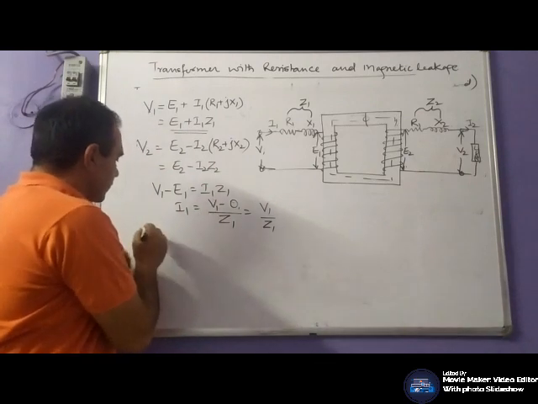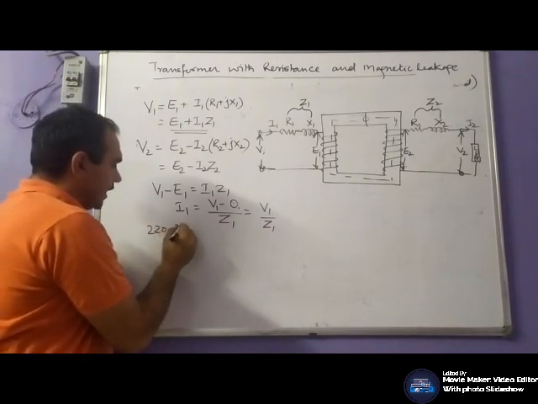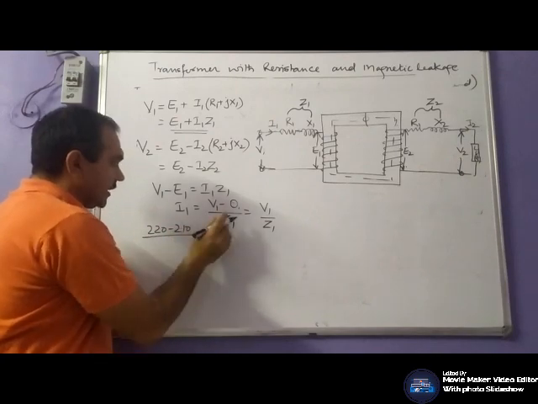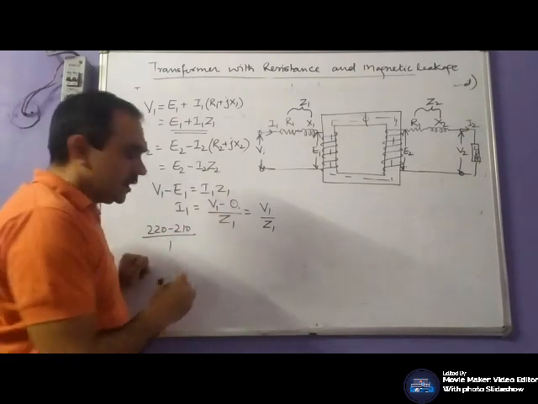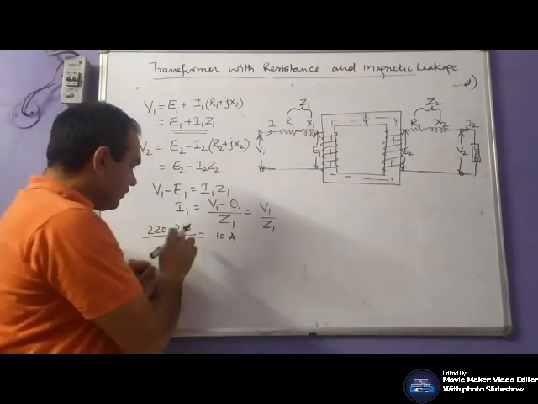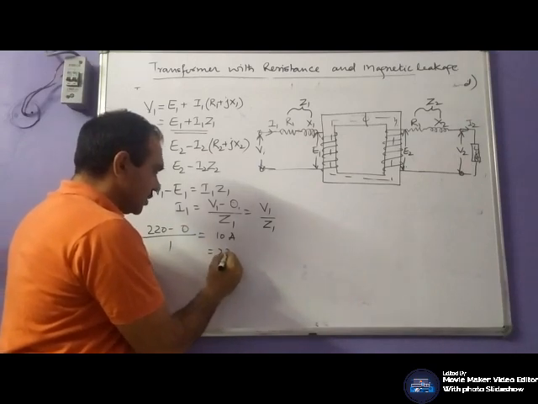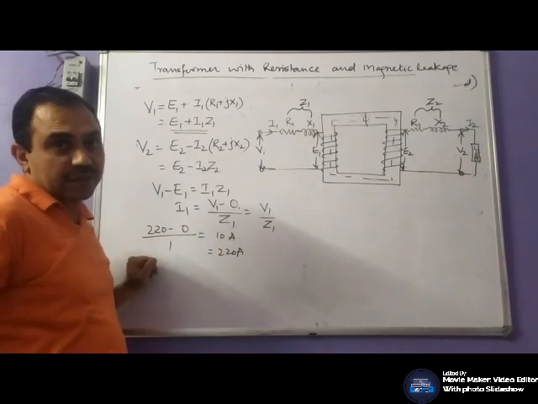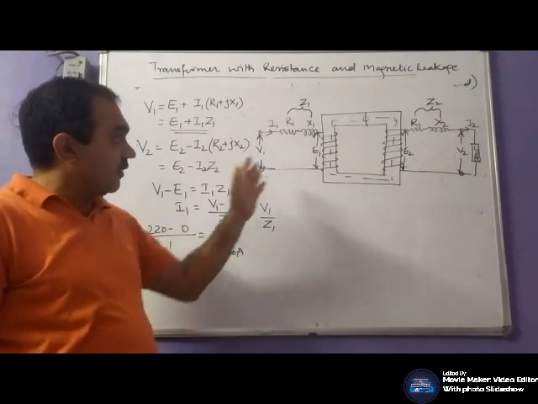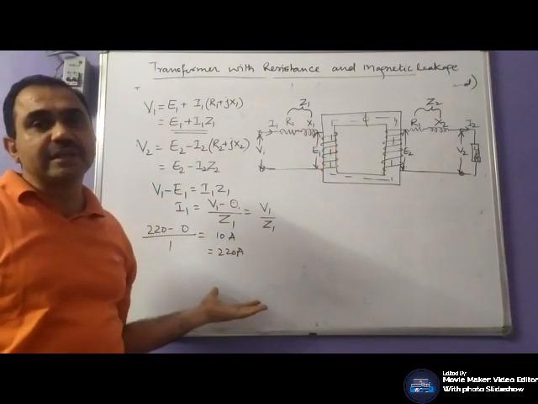For example, you have a 220 volt applied voltage and back EMF was 210, the impedance was 1 ohm and the current was 10 ampere. If the back EMF becomes 0, the current would become 220 ampere. So your winding would not be able to bear that current.